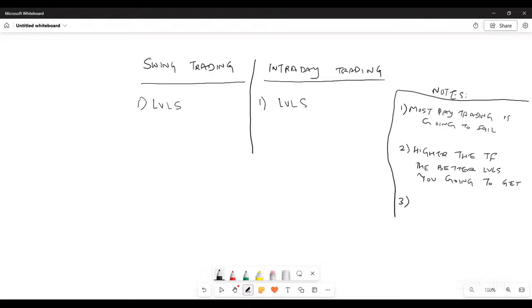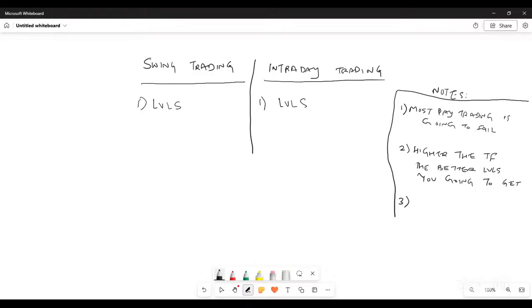But levels, zones, Fibonacci is really great if you know how to trade using Fibonacci. That's the only tool you need, actually. If you just learn how to use Fibonacci, you seriously don't need anything else. It is that great of a tool.